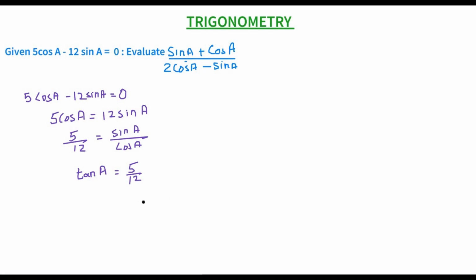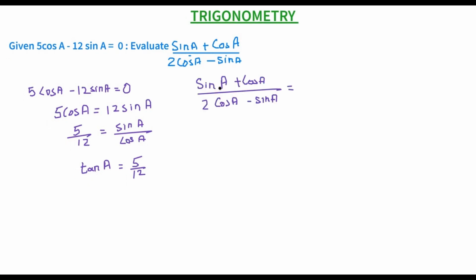Now we have got the value of tan A. I know you all will be wondering, we have sin A and cos A here, so why are we finding tan A? Let me explain. I have written the question that has been asked here: (sin A plus cos A) by (2 cos A minus sin A). We need tan A, right?